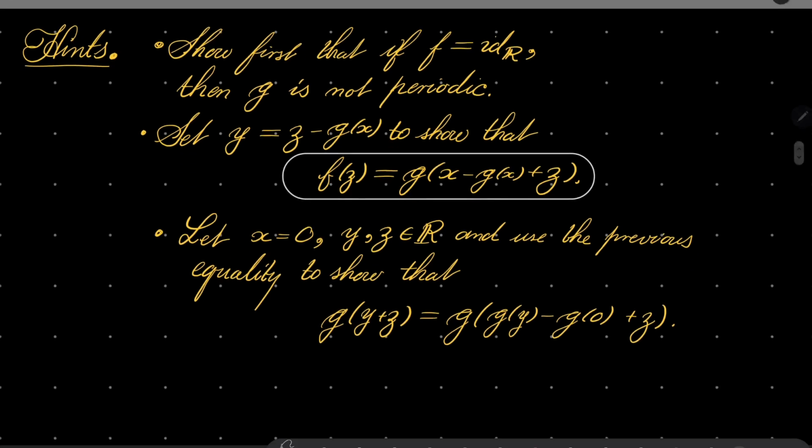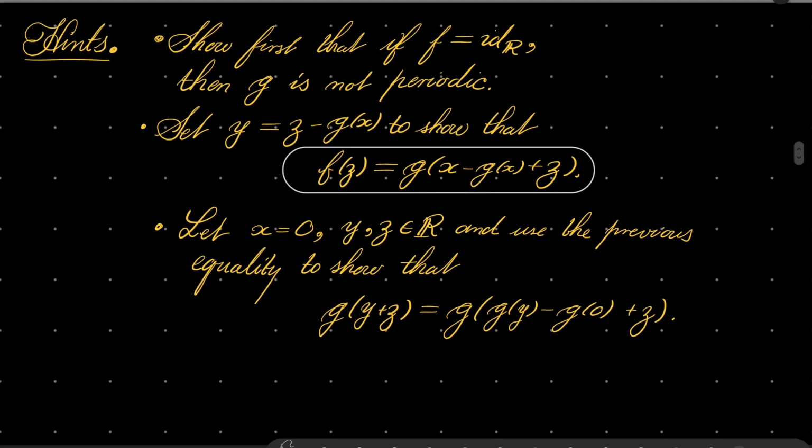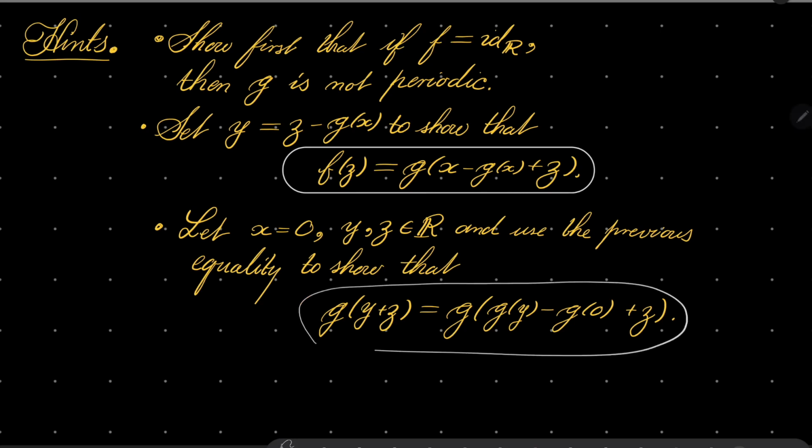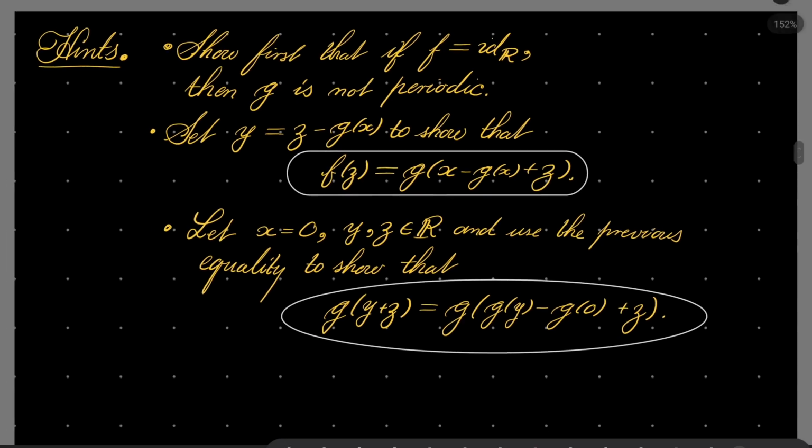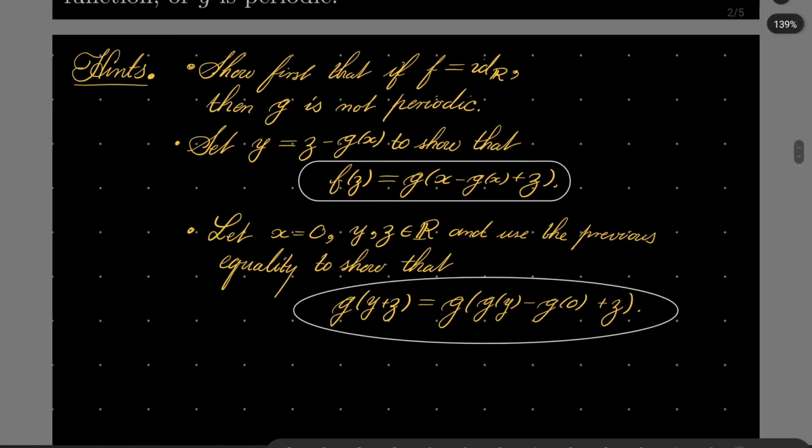And then let x be 0, y and z be arbitrary real numbers, and use the previous equality to show that g(y + z) equals g(y minus g(0) + z). And from there you should be able to show that either f is the identity function or g is periodic. So give this problem a try, and I will see you in just a minute.